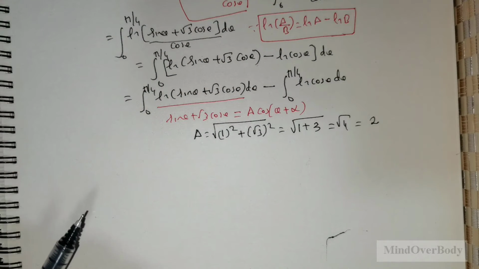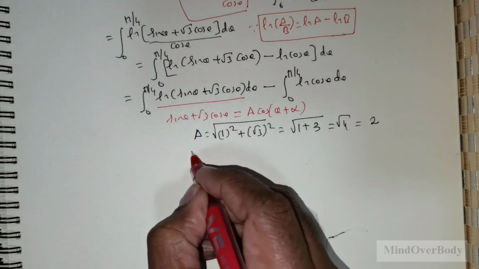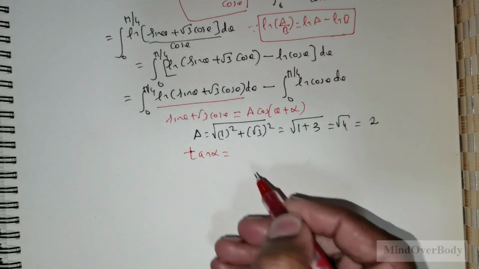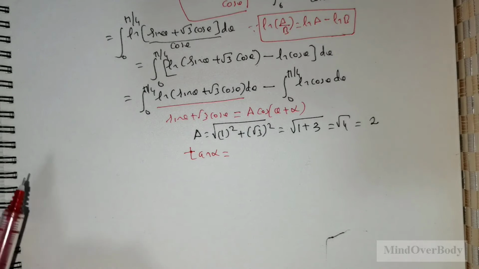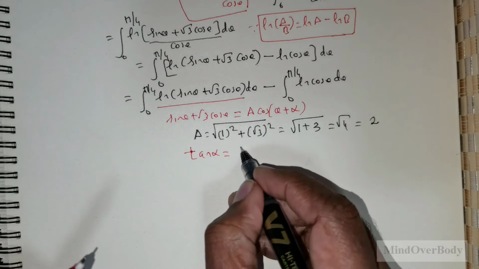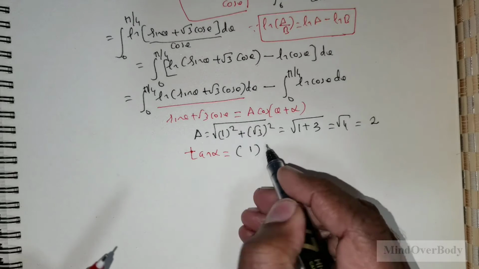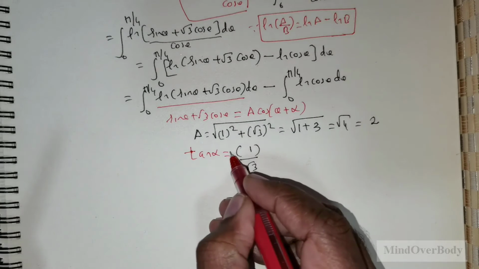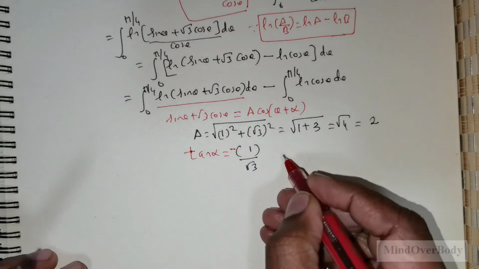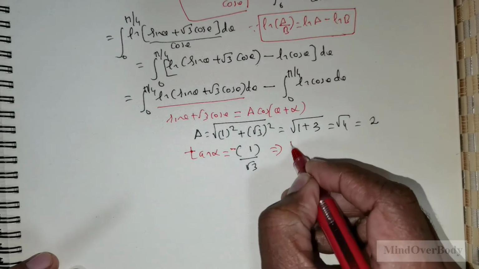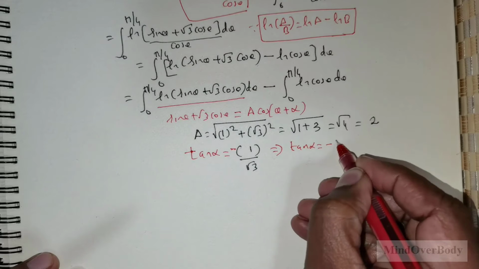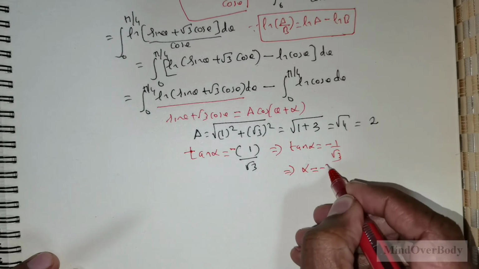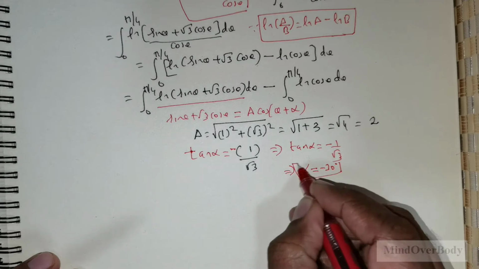Next, my alpha. To obtain the value of alpha, we have to use tan alpha equal to the coefficient of sin theta, which is 1, over the coefficient of cos theta, which is root 3, and you have to take a negative sign. So this would imply tan alpha is equal to negative 1 over root 3, which implies alpha is equal to negative 30 degrees.